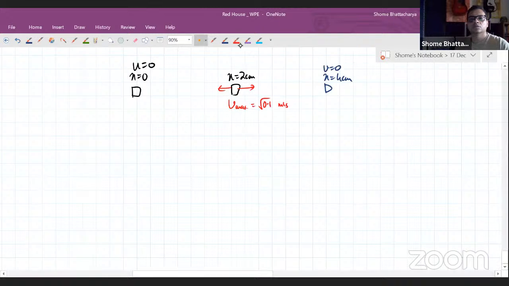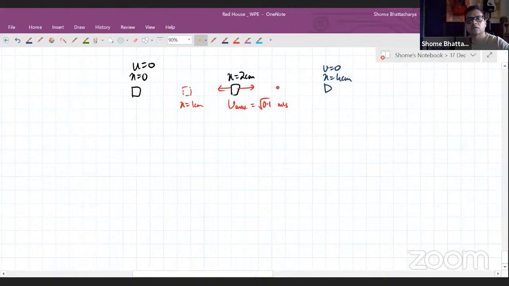Okay. So again, at two symmetric points like this is x equal to 1 centimeter, and this is x equal to 3 centimeters. It's symmetric with respect to the mean position. No? This is also 1 centimeter away from the mean position. This is also 1 centimeter away from the mean position.